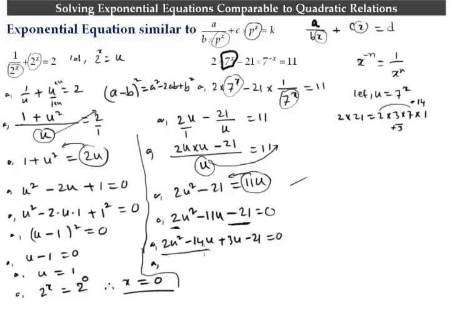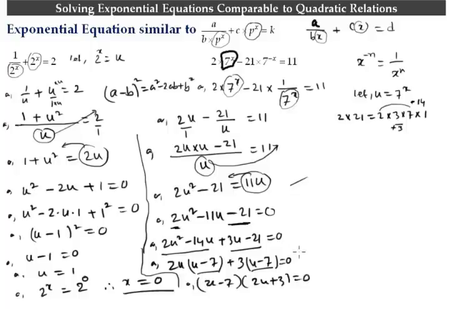So from the first two terms we can take 2u common, so we will get u minus 7, and from the last two terms we can take 3 common, we will get u minus 7. So u minus 7 times 2u plus 3 equals 0.